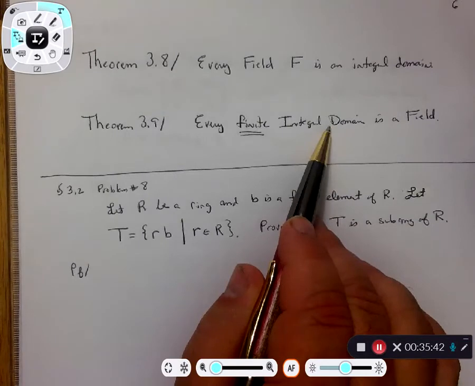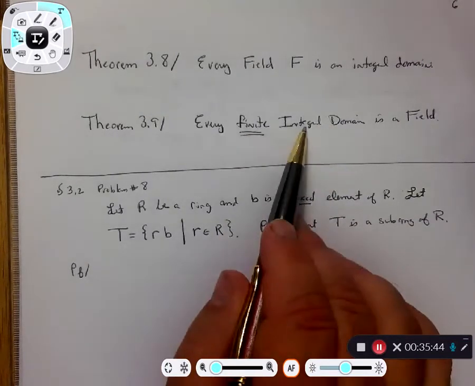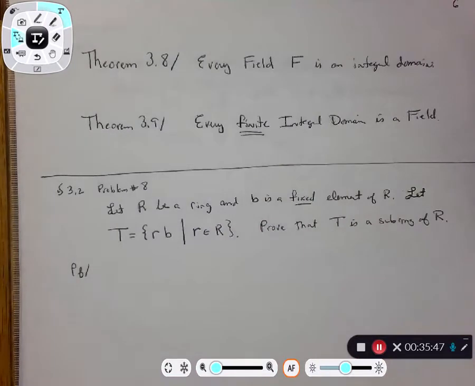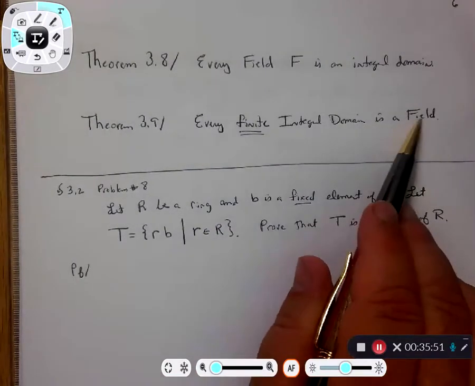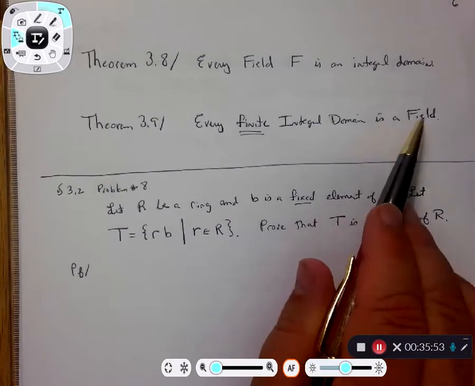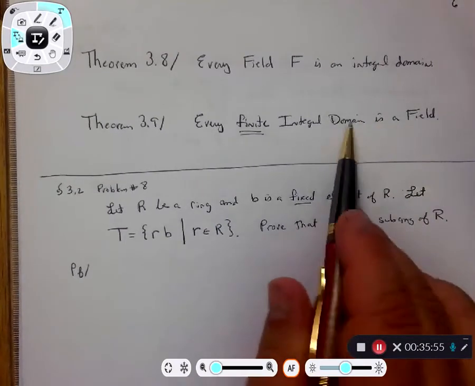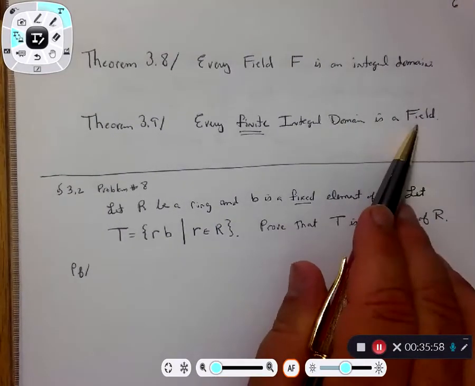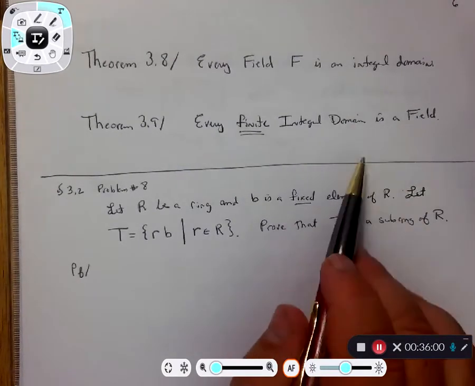Because in a finite integral domain like Z mod 7, the elements are 0 through 6, a finite number of them, that is going to be a field. Z mod prime is a field, because it's a finite integral domain, all non-zero elements will actually have an inverse.